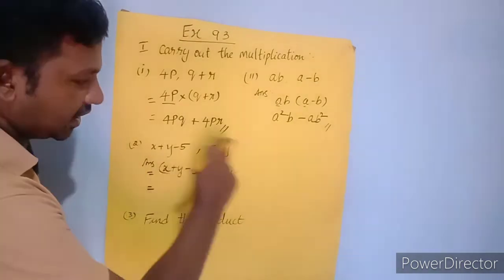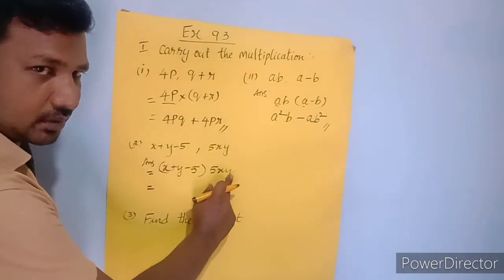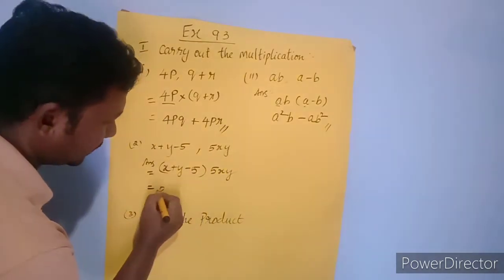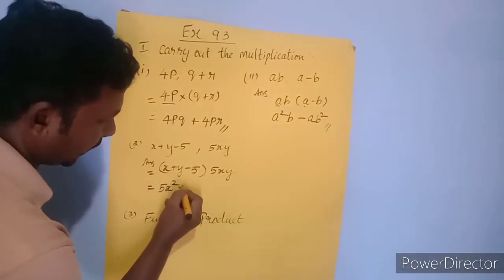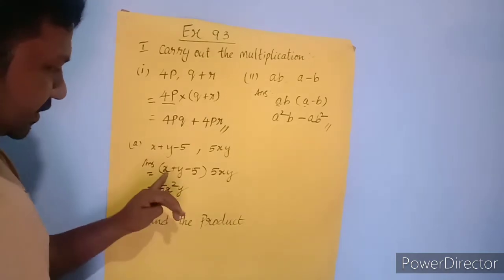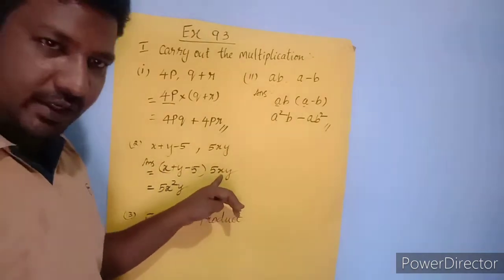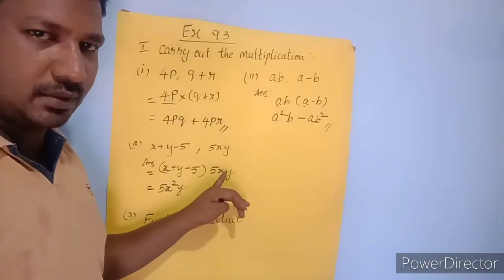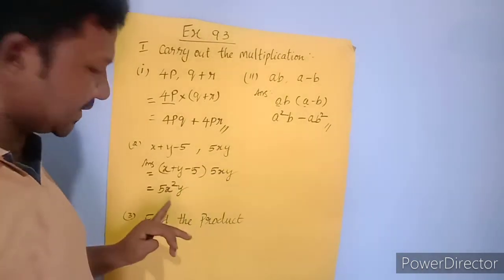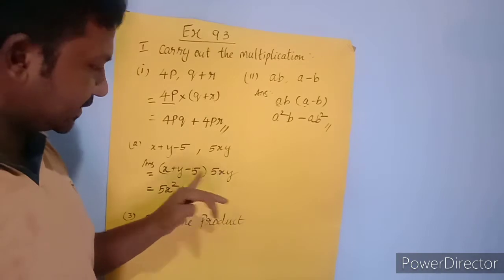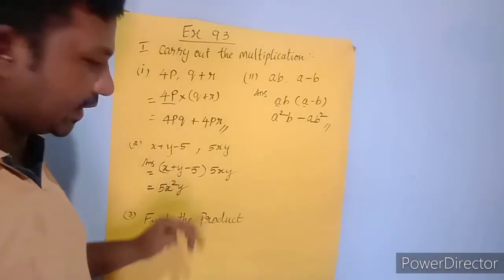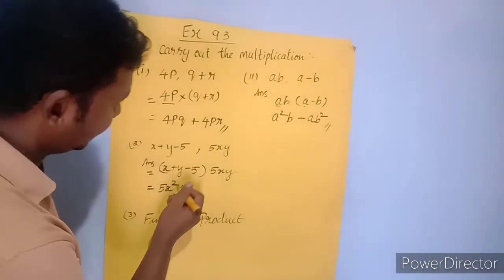This term can be multiplied with the monomial term. So x into 5xy, 5x square y. See here, this x can multiply with another x, x into x square. Remaining numbers and variables you can write the same. So the answer is 5x square y.